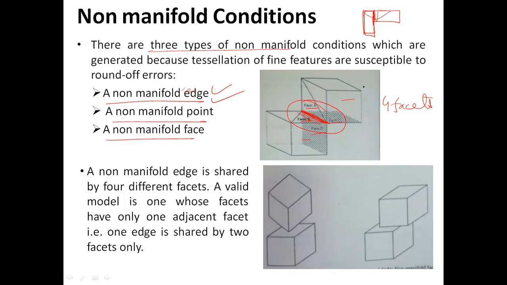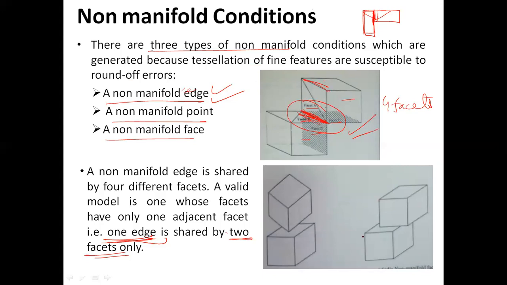Rather than joining it like this, we should join through this edge to this edge, so that it doesn't create multiple facets. We have to make sure that if edge intersection is happening, the edge is shared by only two facets, not by four, like in this condition.